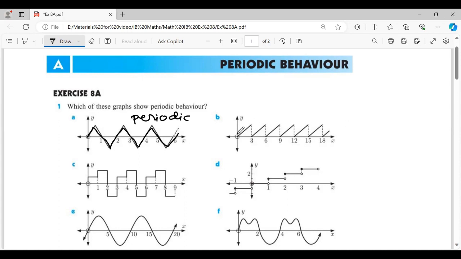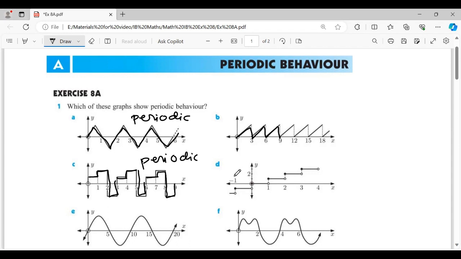How about 1B? 1B as well, look that this graph repeats, and so on. So as well, this graph is a periodic graph. How about C? Look at this graph, repeat, till here, repeat, and so on. So it means this graph is a periodic graph.